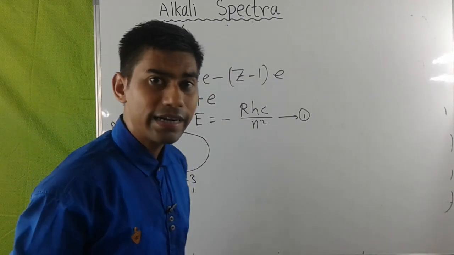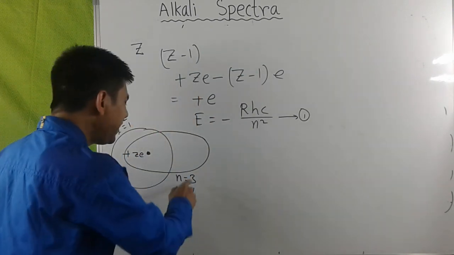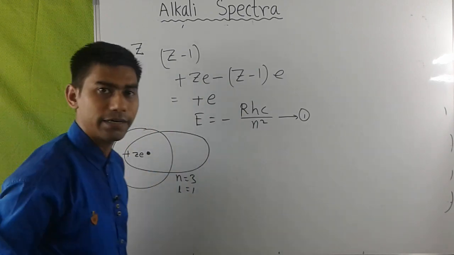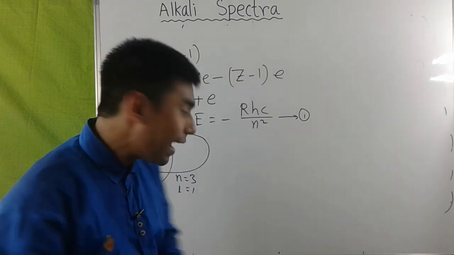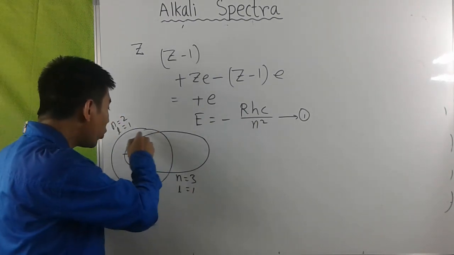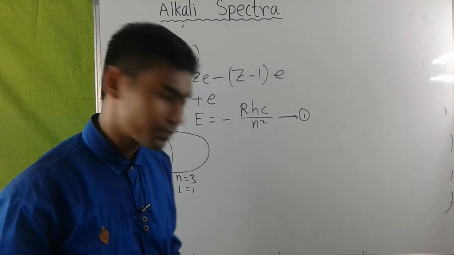Thus we see that the orbit of an electron with n equals 3 and l equals 1 is elliptic, and a part of this orbit penetrates into the inner orbits.